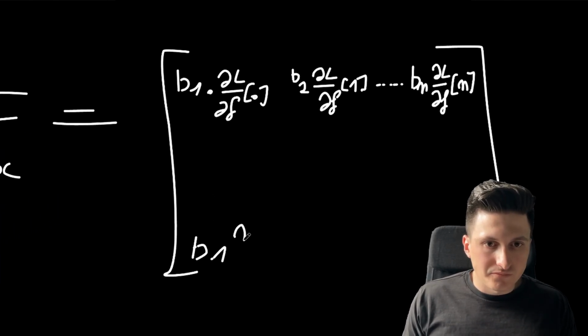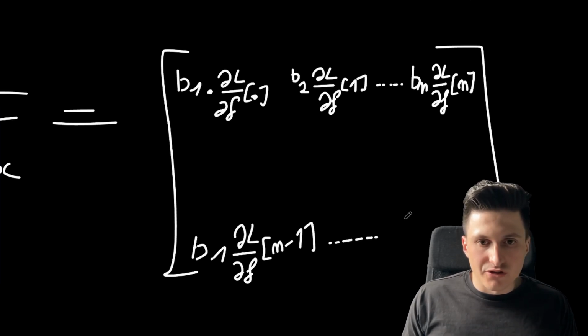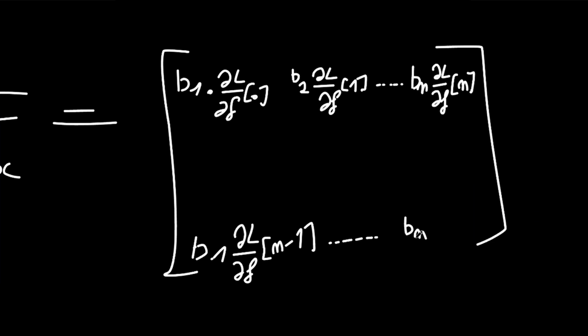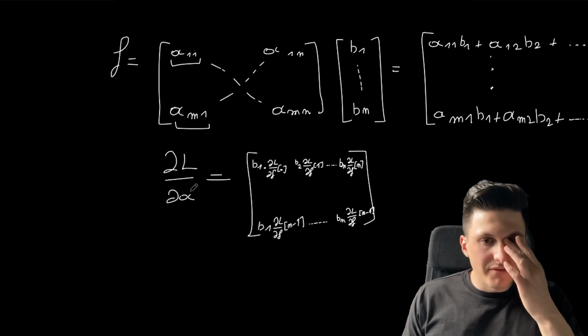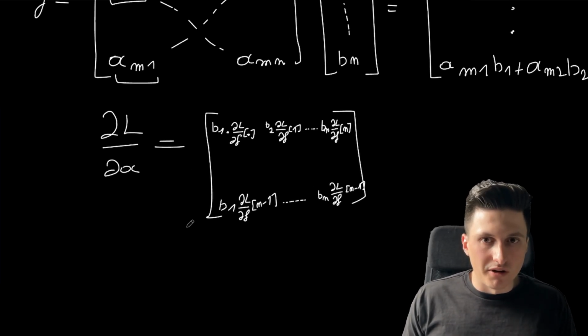So this means we have to index this in n-1, as this will lead to the last output. And for the rest it is just the same. This will once again be bn, and we take just the last element of the output gradient. So the derivative to a is pretty straightforward like this.